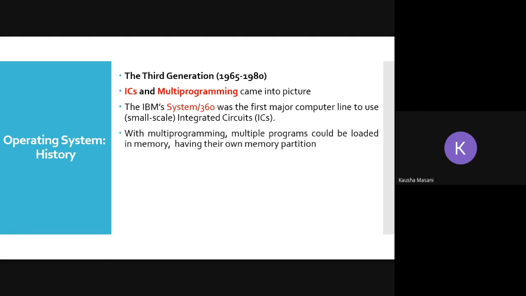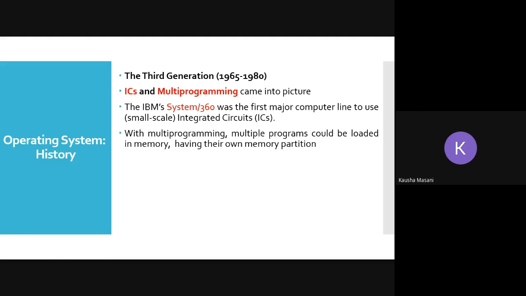With multi-programming, you can now work with multiple programs. You can load multiple programs in your memory, which had their own memory partitions. Previously, in the first and second generation, the concept of memory was not at all introduced.